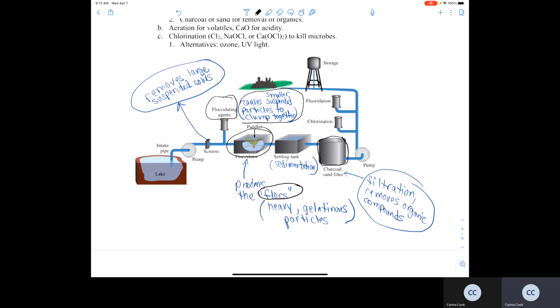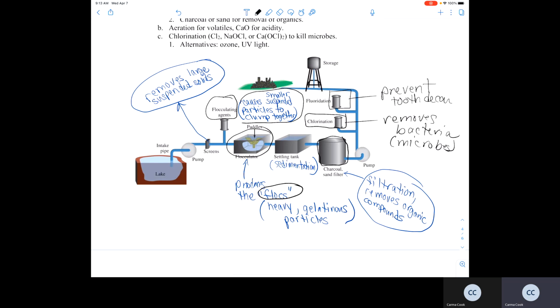Next, the water then is moved up to a chlorination phase. And the chlorination removes bacteria and other microbes. And then next is fluoridation, which is just an added measure to prevent tooth decay.